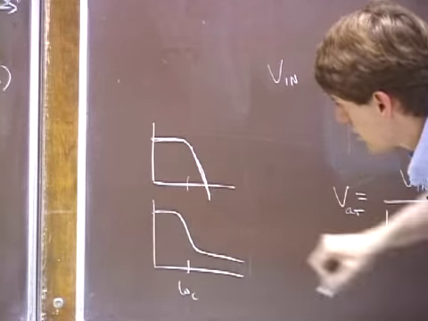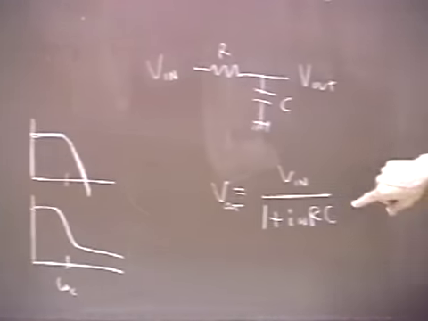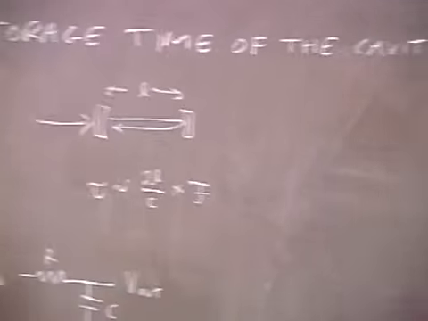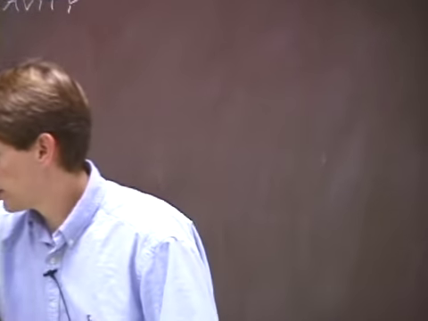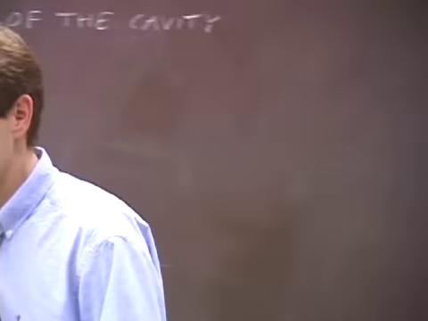And there's a phase lag associated with this. Most of you have probably seen a low-pass filter before. Turns out that if you calculate the dynamic response of a Fabry-Perot cavity, you get exactly the same thing. So the cavity responds with exactly the same frequency dependence as a low-pass filter, for frequencies that we care about.